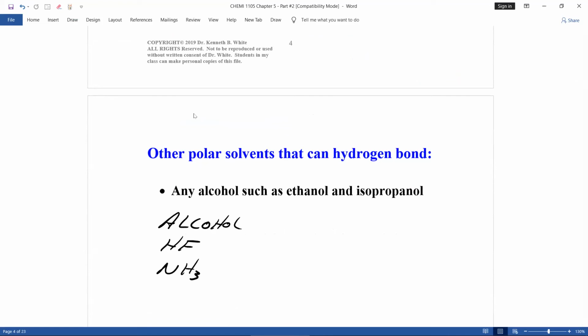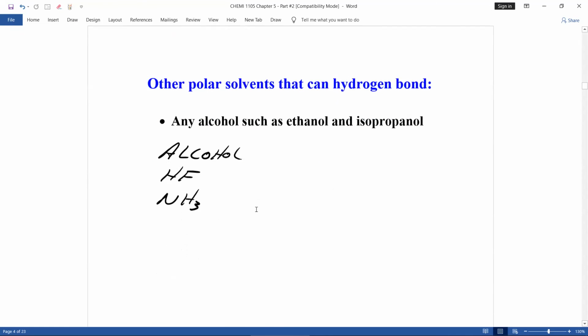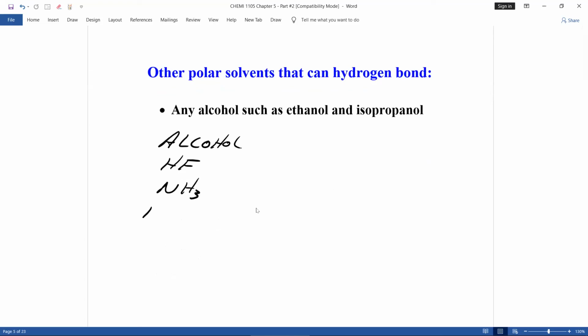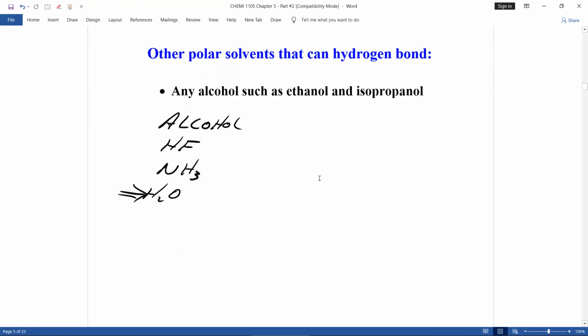These are all molecules that can form hydrogen bonds with water. And don't forget, water is the most important polar compound in our universe.